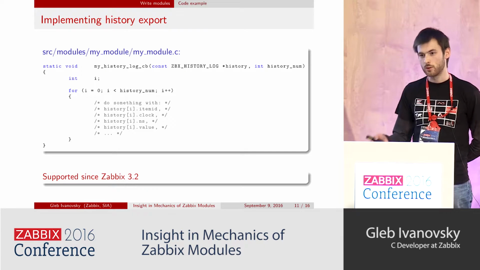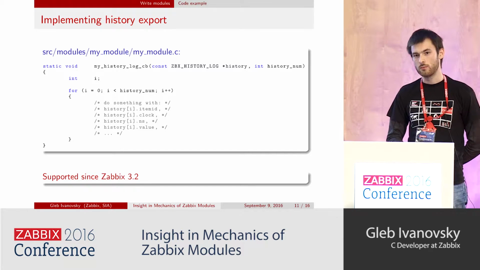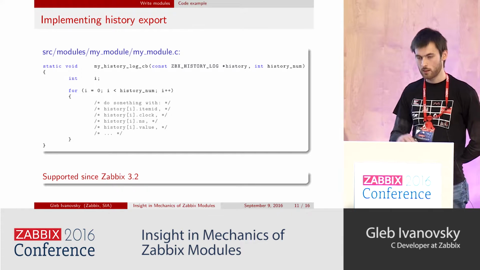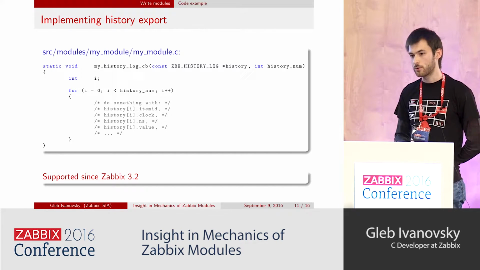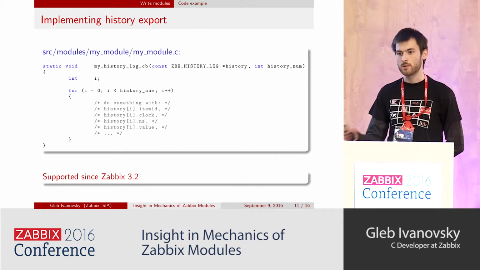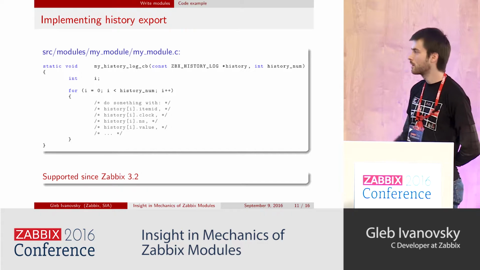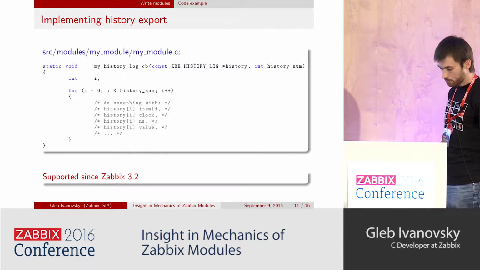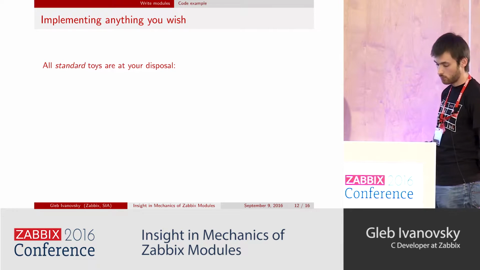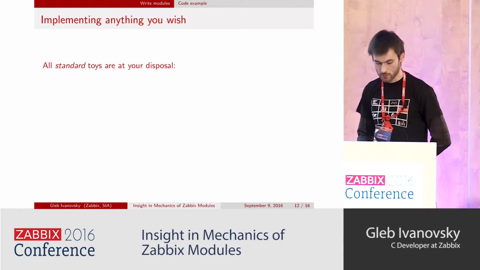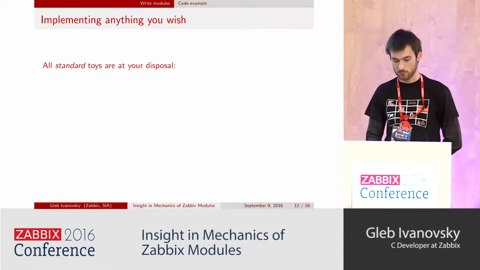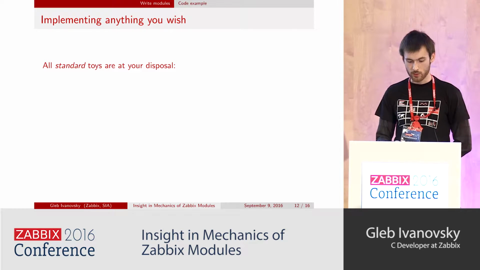For example, I can put it down into CSV file for storage, or I can compose a bulk insert into some external storage like InfluxDB, Cassandra, Logstash, you name it. And if you want to go farther than that, you can do it. All standard UNIX C features are available.